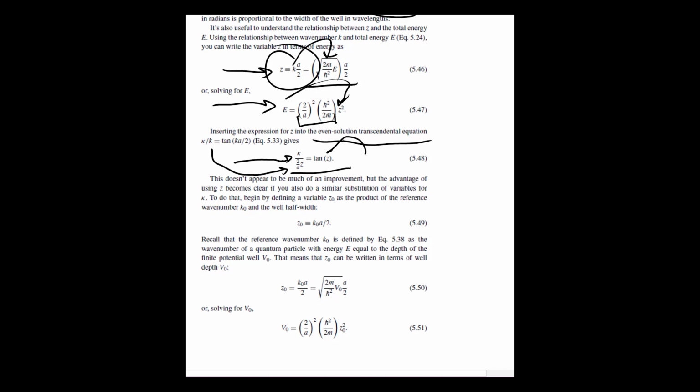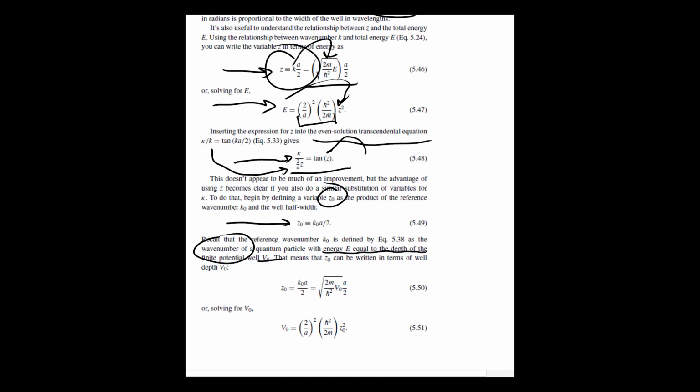But that doesn't look particularly helpful, so at this point we define another variable we call z0. That variable is the product of k0, remember the reference wave number k0, times a over 2. And what is k0? We said it's the wave number of a quantum particle whose energy is equal to the depth of the well, that is V0.